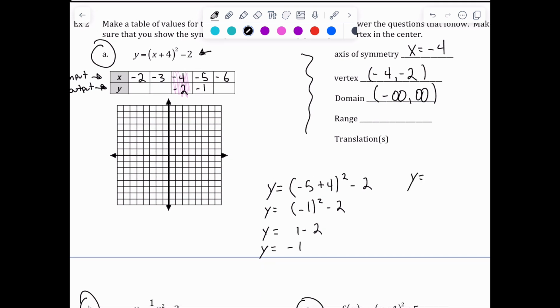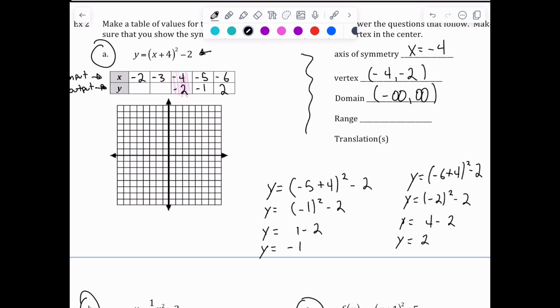So I got y equals -6 plus 4 squared minus 2. So I'm going to get y equals -2 squared minus 2. Y equals 4 minus 2. Y equals 2. So that's going to be a 2 right there.